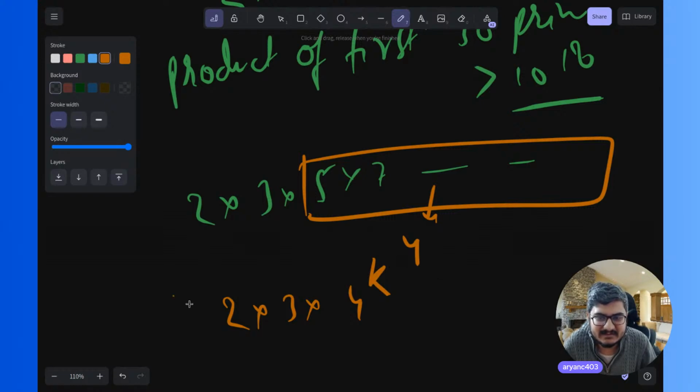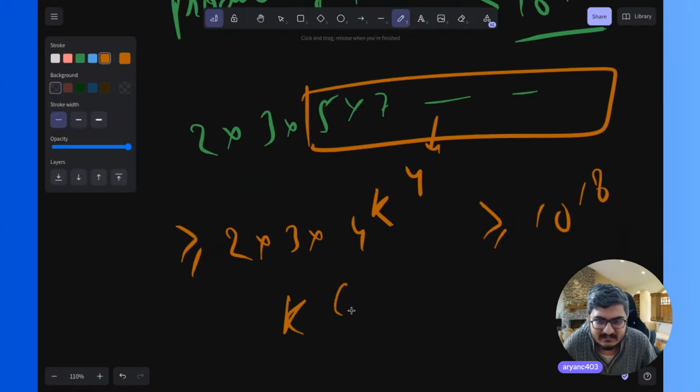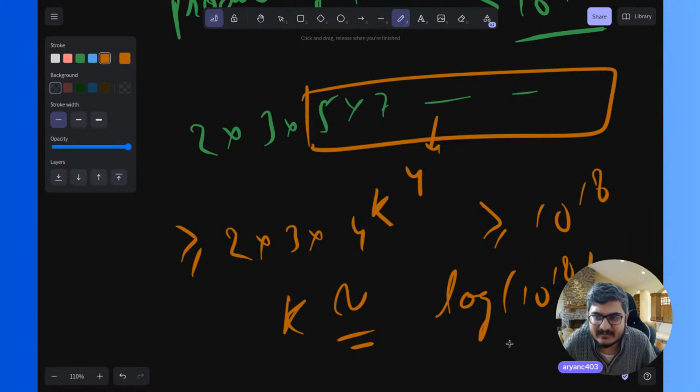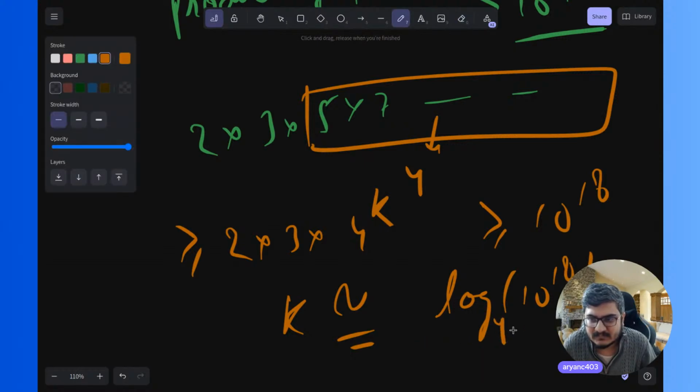And if this should be less than or equal to 10 to the power 18, then k is roughly log 10 to the power 18 by log 4 with base 4. You can in fact even prove a stronger result, like the actual value can be around 20 or whatever. But I just took 30 as a rough estimate because the constraints were enough to allow checking 30 into 30 pairs.